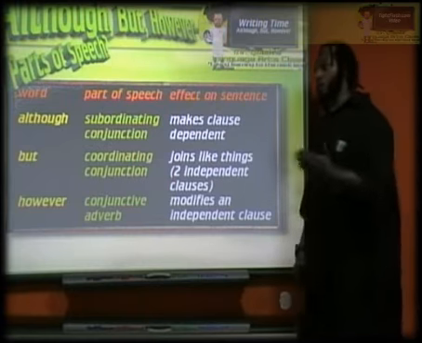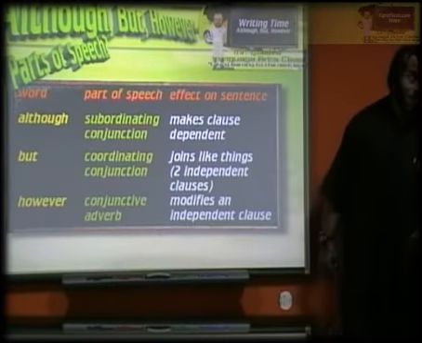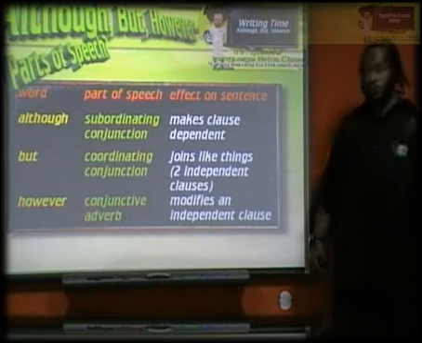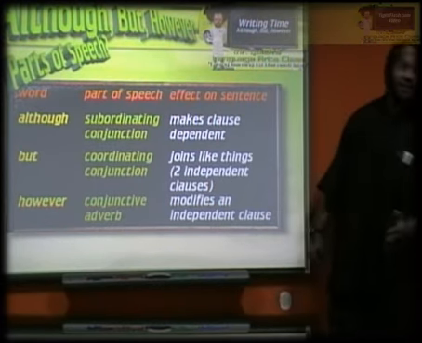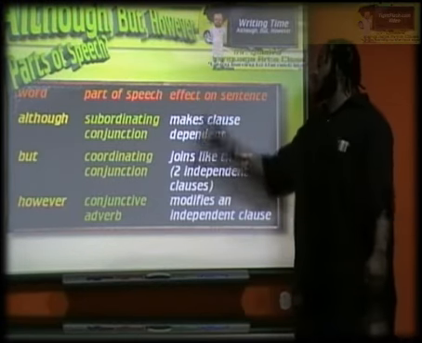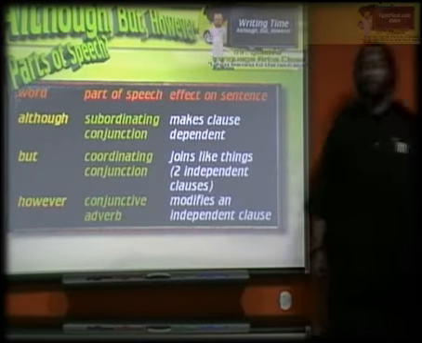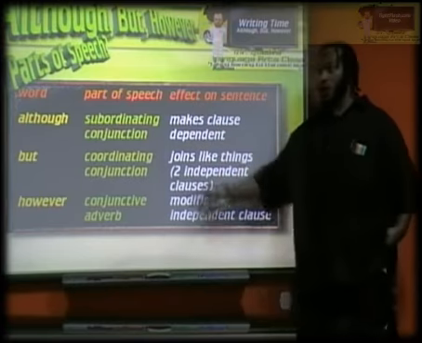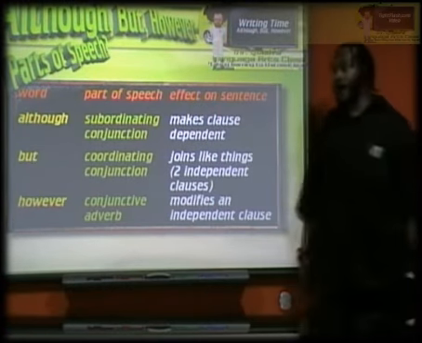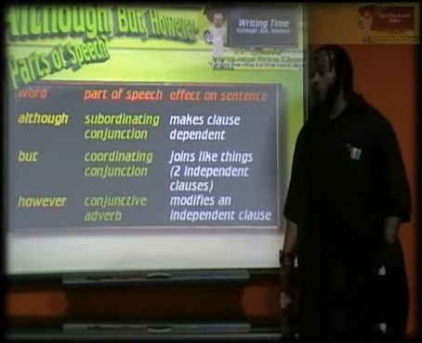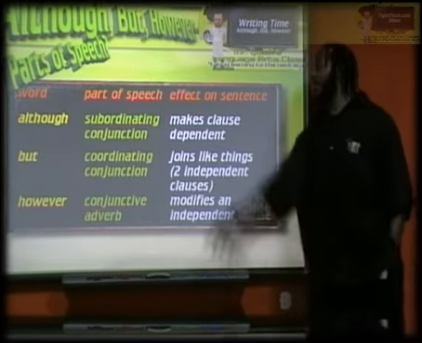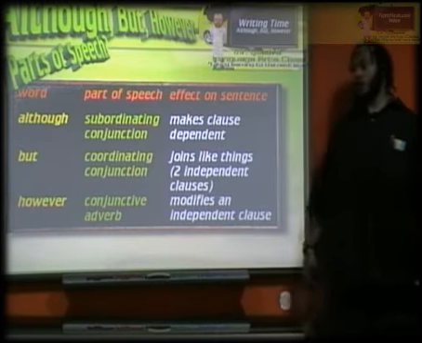I see some people using even though as a conjunctive adverb, connecting independent clauses. You can't do it. Even though is a subordinating conjunction, just like its friend although. You cannot connect independent clauses using although and even though, because they are subordinating conjunctions.